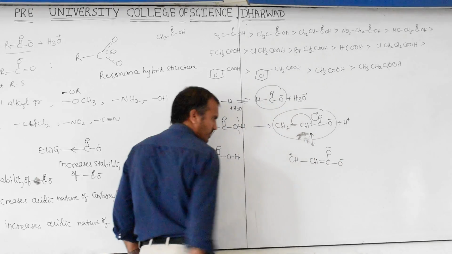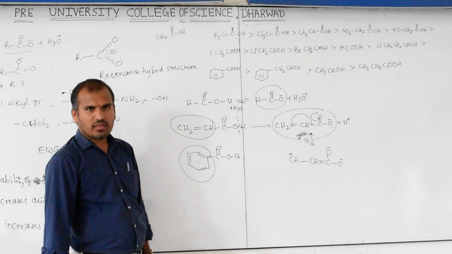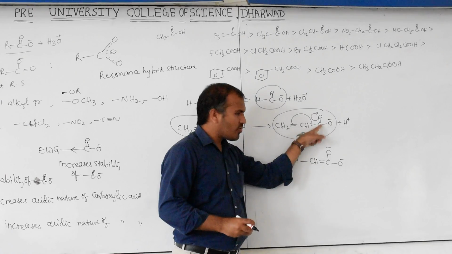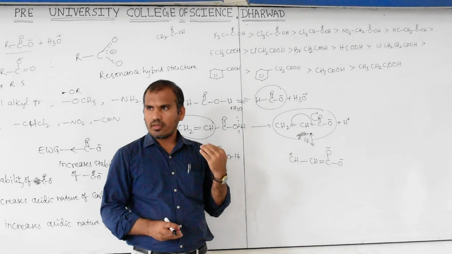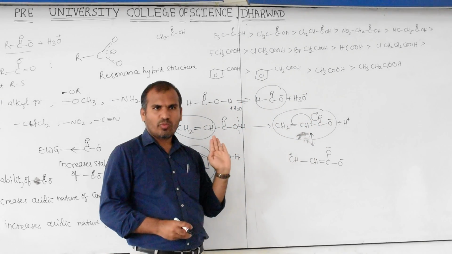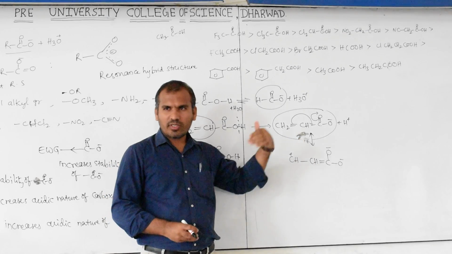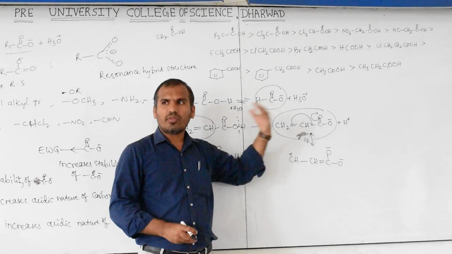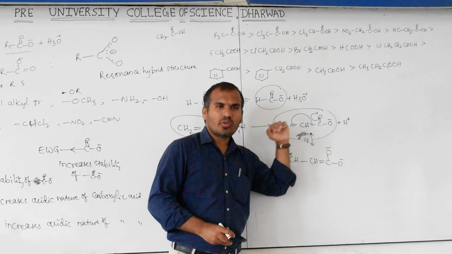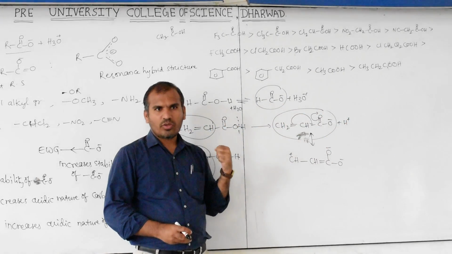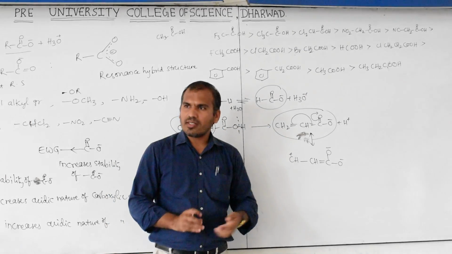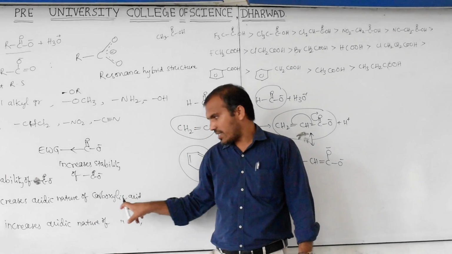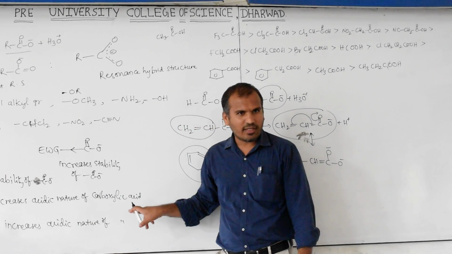Clear? Now, is this group donating electrons to this one or withdrawing? Observe the arrow mark: moving to which side, the COO side or towards the CH2 side? COO side. Moving toward it means donated or withdrawn? Donated. Donated means a donor group, which decreases the acidic nature of carboxylic acid.